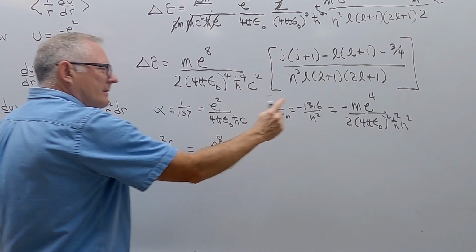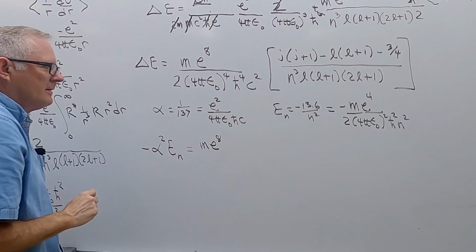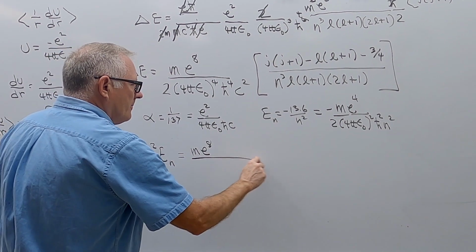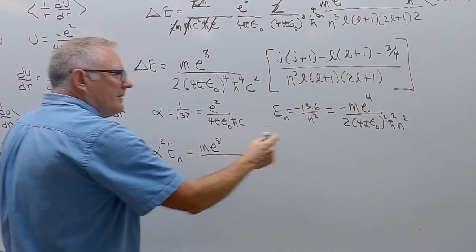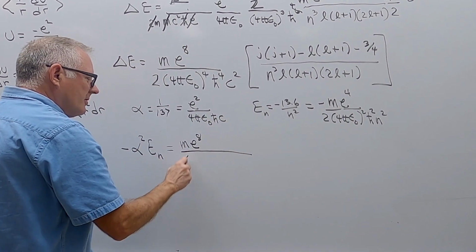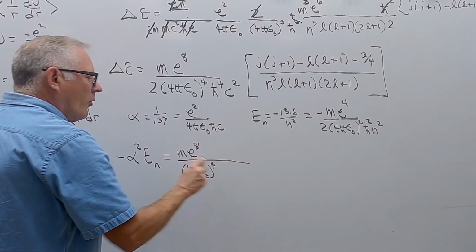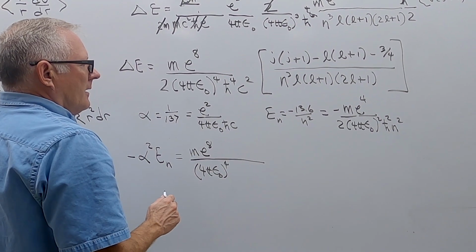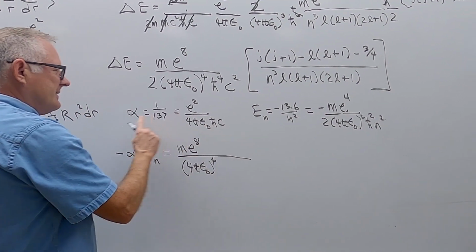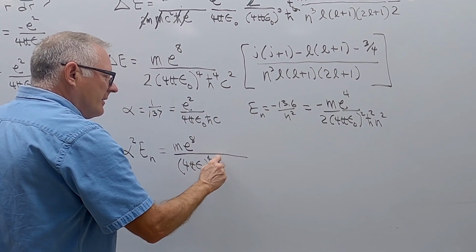We've got m, there's no m over here, so that's just m. Down below, 4 pi epsilon naught squared, times another, that's 4 pi epsilon naught to the fourth. Then we're squaring h bar squared, times that h bar squared, that's h bar to the fourth.